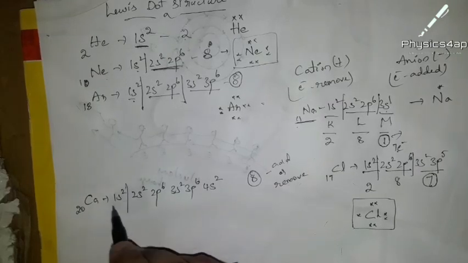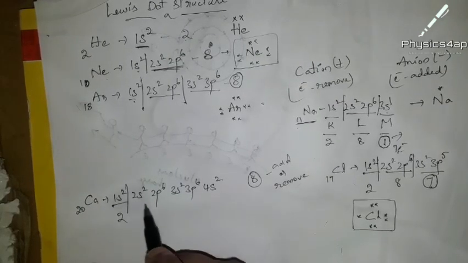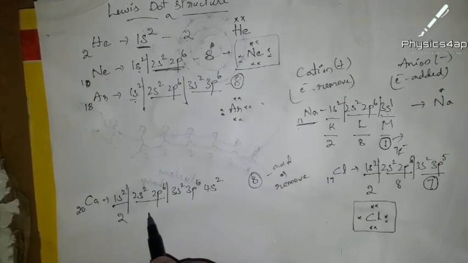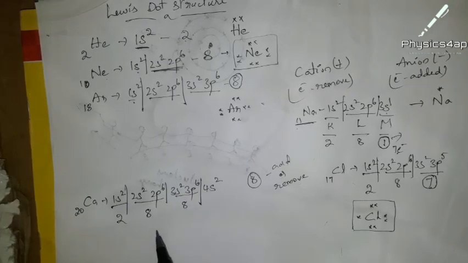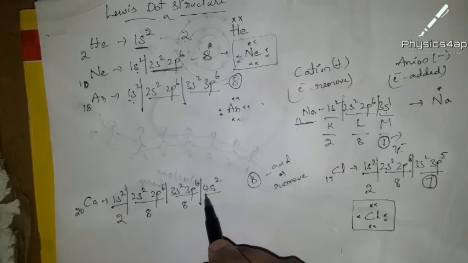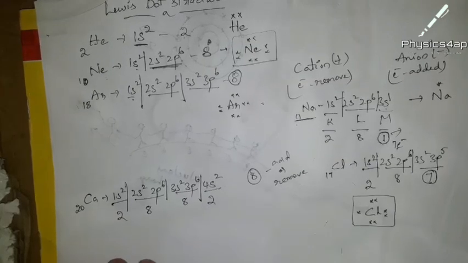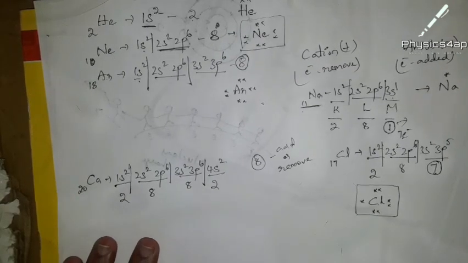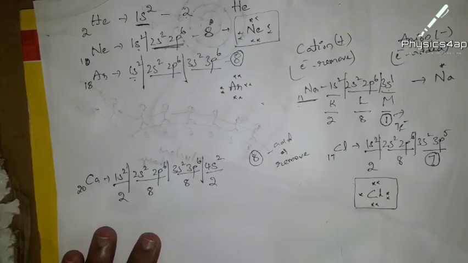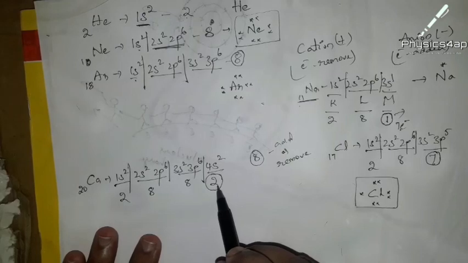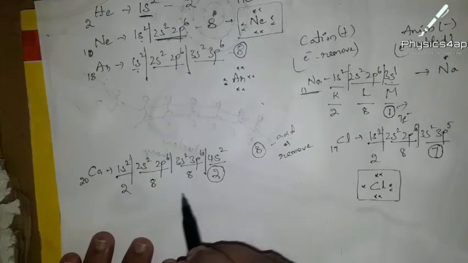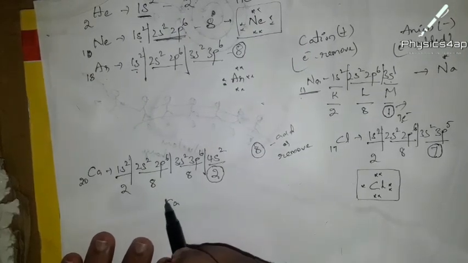If we see, the first shell has 2 electrons, the second shell has 6 plus 2, 8 electrons, the third shell has 6 plus 2, 8 electrons, and the outermost orbit, that is the fourth shell, has 2 electrons. Now can you tell me how many electrons should be placed around calcium? Yes, 2. Why? Because the outermost valence shell has 2 electrons.